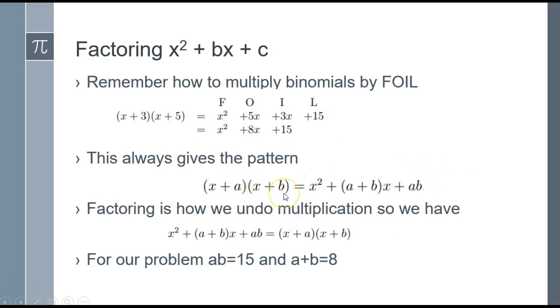A and b need to be numbers who multiply out to be the last term, in our case the 15, and add up to be the coefficient of the middle term, which would be 8. So 3 times 5 is 15, and 3 plus 5 is 8. That's how we would factor x squared plus 8x plus 15. And that's the general pattern shown here.